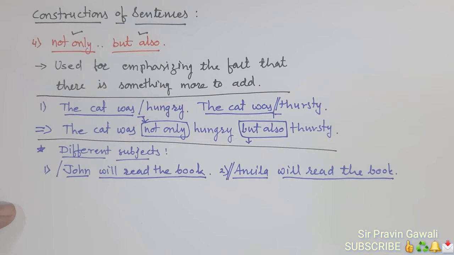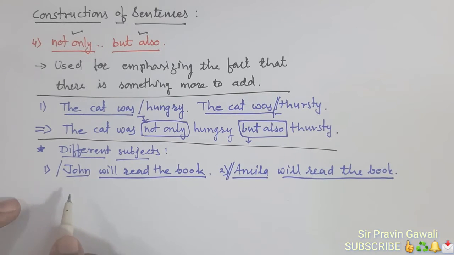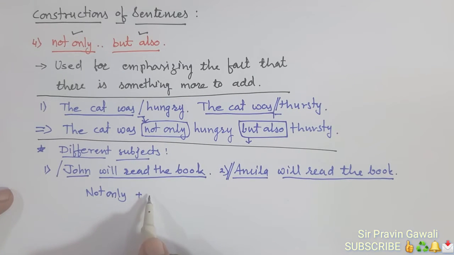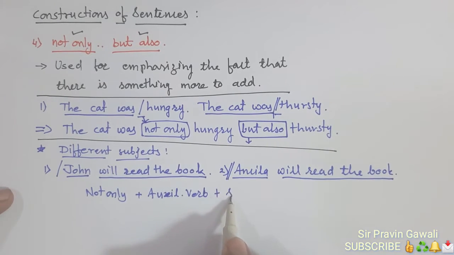Students, one important thing we need to note is that when we use not only in the beginning of the sentence, then the structure of the sentence will be like this: not only plus auxiliary verb plus subject plus verb.